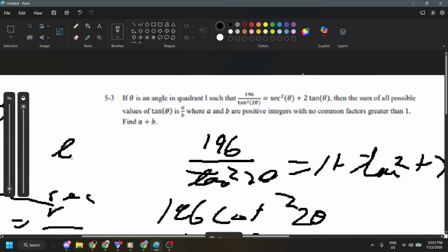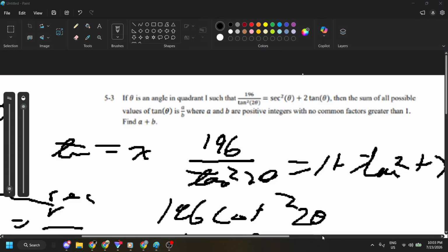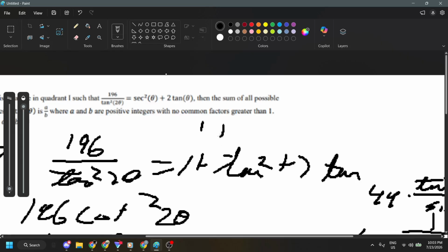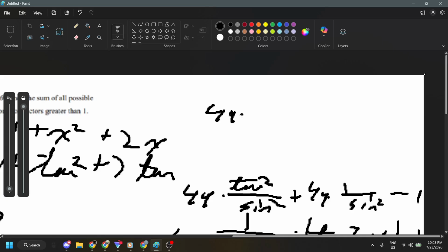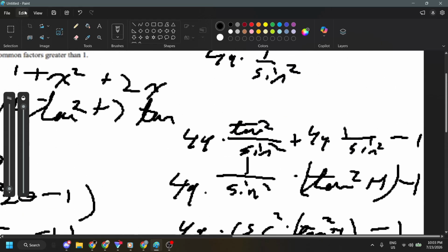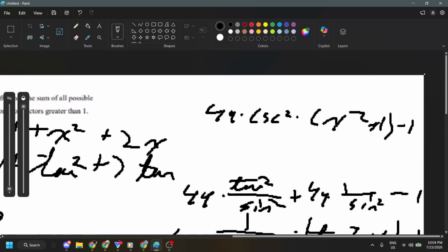Let's say tangent is equal to x, then we have here 1 plus x squared plus 2x, and then here we have 49 times 1 over sine squared, that's just cosecant squared, times x squared plus 1 minus 1.